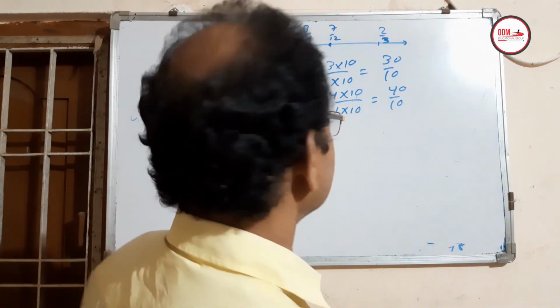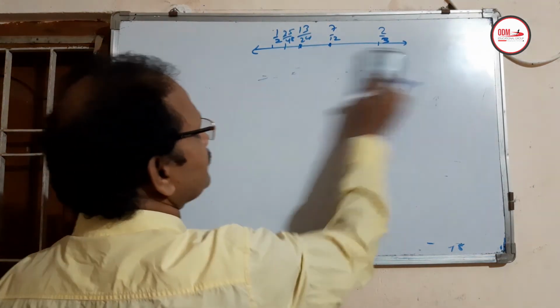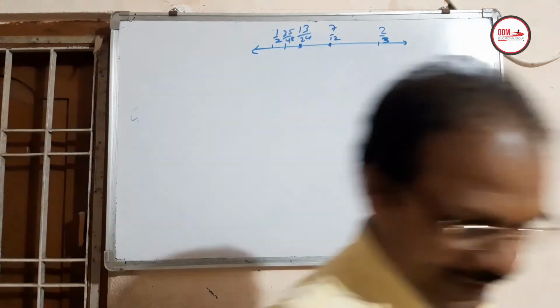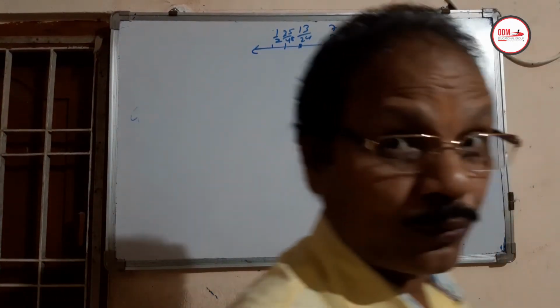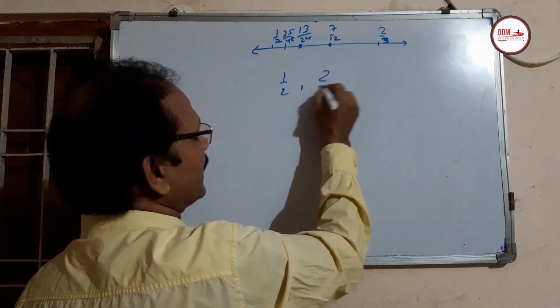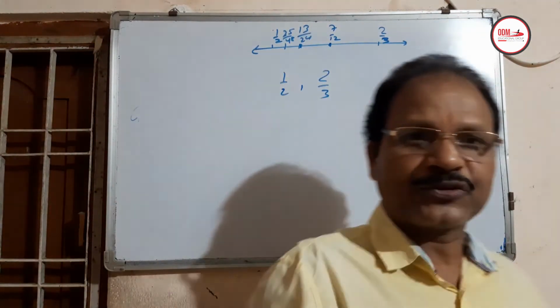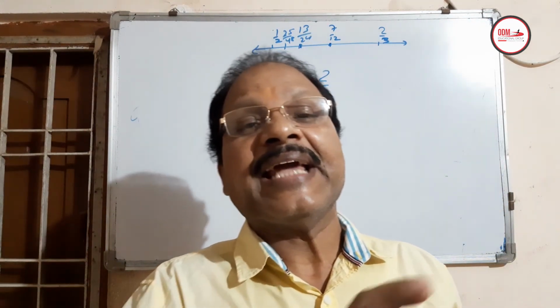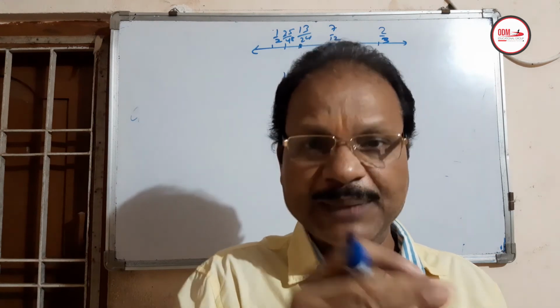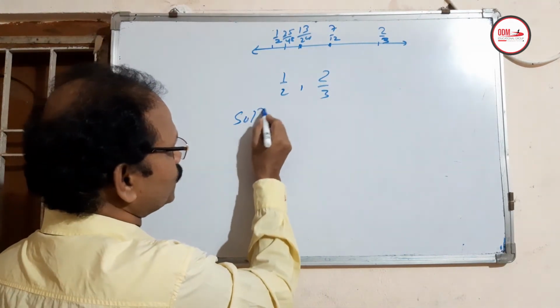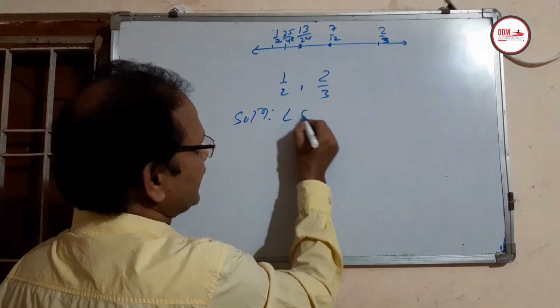So another question. Suppose the same question that I discussed previously: 1 by 2 and 2 by 3. Find 3 rational numbers in between them by taking the LCM method, the LCM of the denominators. See how to find out. So first write here the solution.